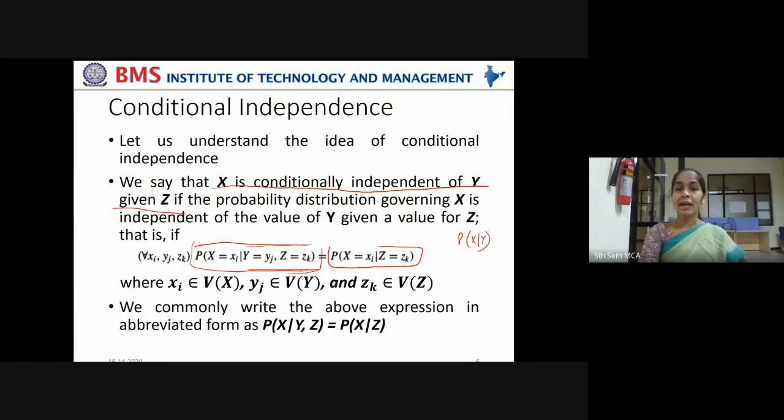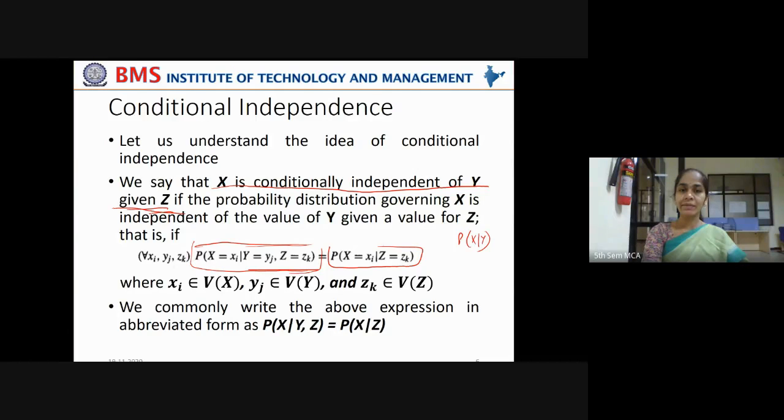We say that X is conditionally independent of Y. X is not dependent on Y given Z. If at all Z is given, X may have some conditional dependence on Z, but Y will not have any dependence on X. X also doesn't have any dependence on Y. We say that X is conditionally independent of Y.